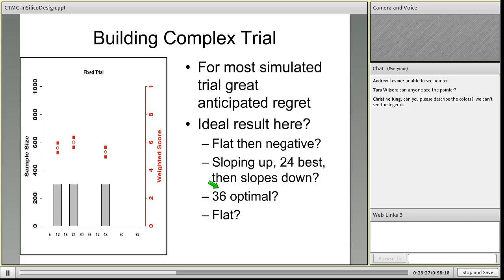We simulate then this weighted score, a measure of neurological health at 90 days after the injury. And so think about a 1 as very good neurological health, 0 as very bad neurological health. This is a transformation of the modified Rankin score.